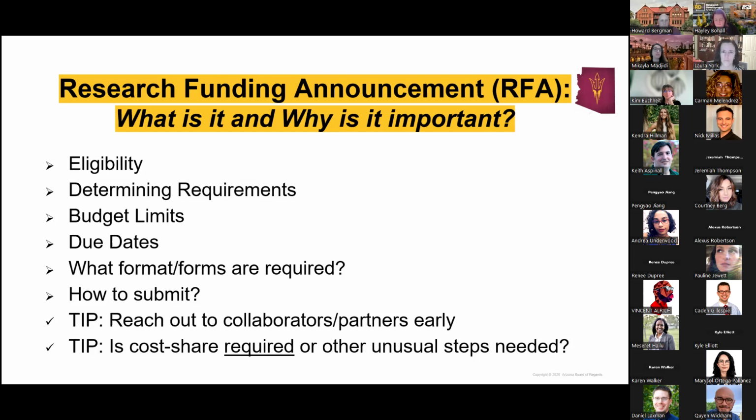Like, is this call open to anyone, or is there criteria like the PI must be a beginning investigator, or does our institution need to be an HSI or an MSI, et cetera, to apply? Your RA can help you determine both of these external and internal eligibility requirements.